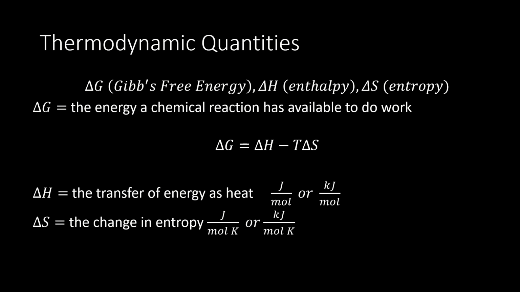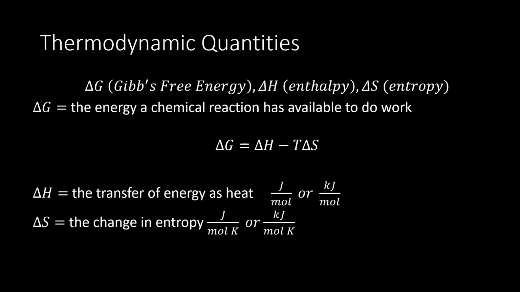The change in free energy of a chemical reaction is always equal to the change in that reaction's enthalpy minus the product of temperature times the change in entropy. Temperature in this case is in units of Kelvin, and delta H is usually in either joules or kilojoules, or if we talk about molar quantities, joules per mole or kilojoules per mole, units of energy or energy per mole amount.